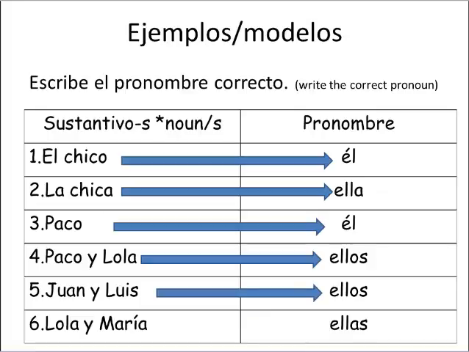So then again, we've got Lola, who is a feminine individual, and we've got Maria, who's also a feminine individual, and it is a group. So there's two of them. So in this case, once again, it's third person plural, and I am talking about what they are doing, and the pronoun would be ellas.